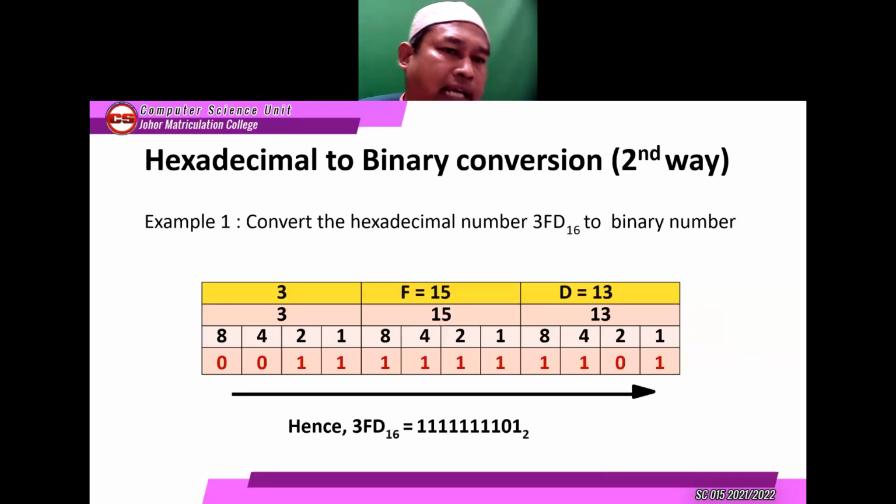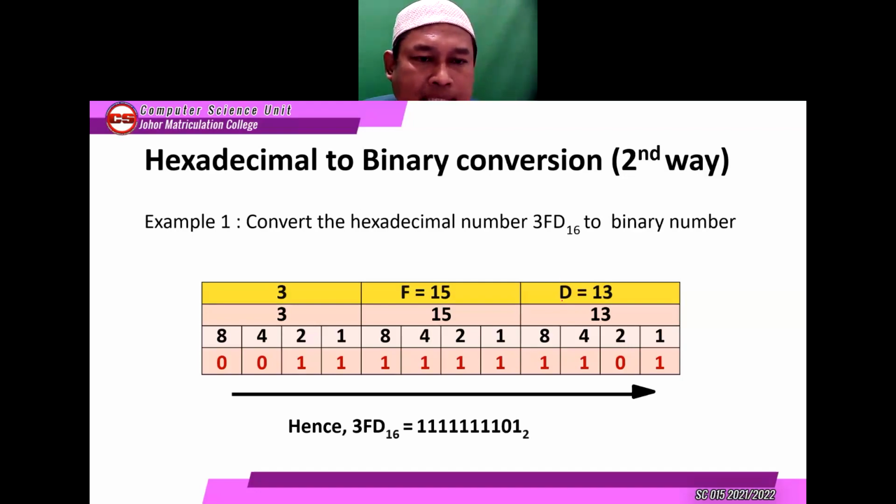Okay, this is the second way to convert hexadecimal numbers to binary numbers. In the second way, from hexadecimal numbers to binary numbers, every digit must be given 4 spaces.